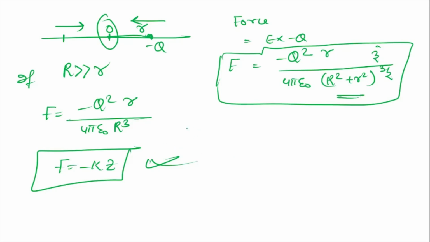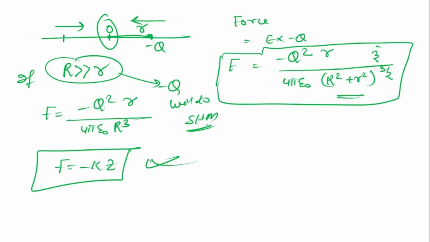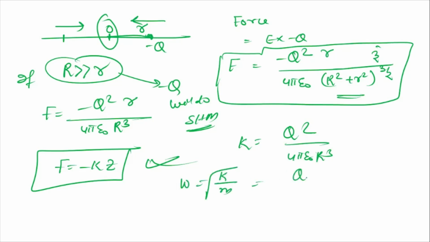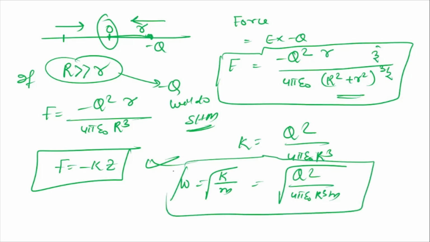So this shows that under this condition the particle, the minus q charge, will do SHM with k equal to q square upon 4 pi epsilon naught r cube, and I can find the frequency as the square root of k by m, so it will be the square root of q square upon 4 pi epsilon naught r cube m. With this frequency and under this condition the particle will do simple harmonic motion.